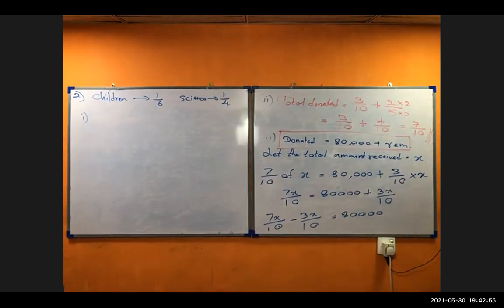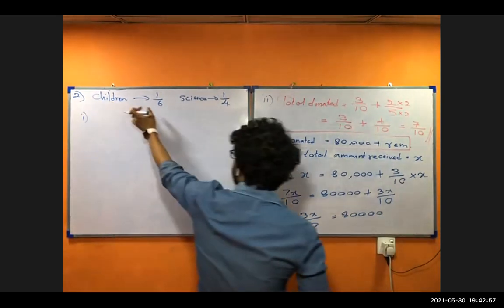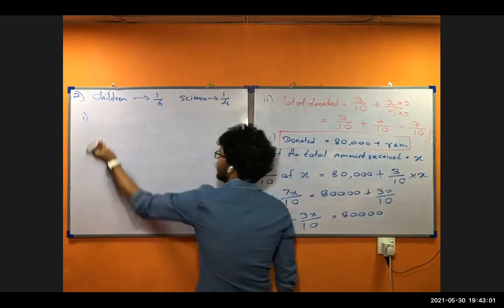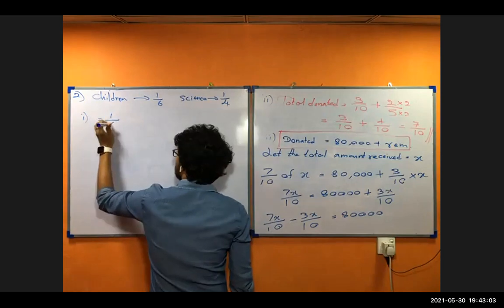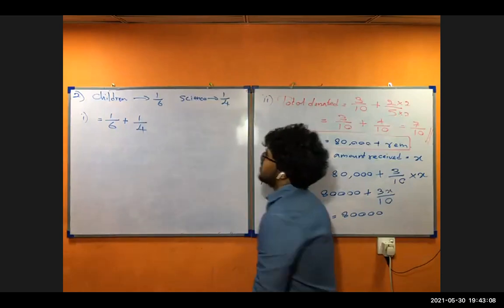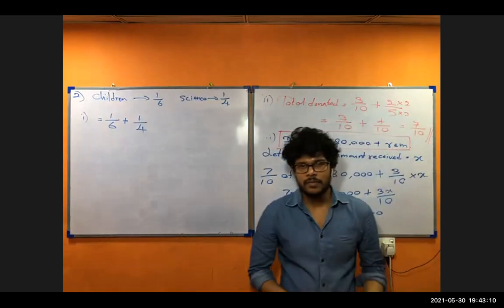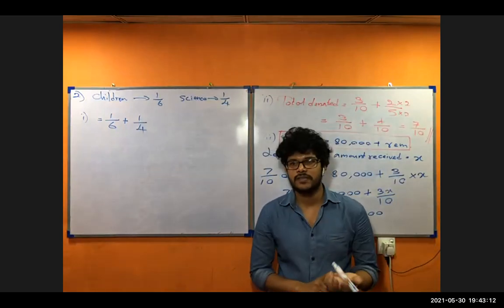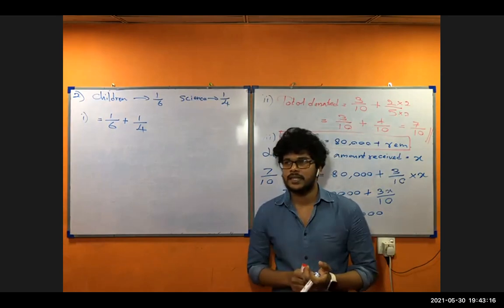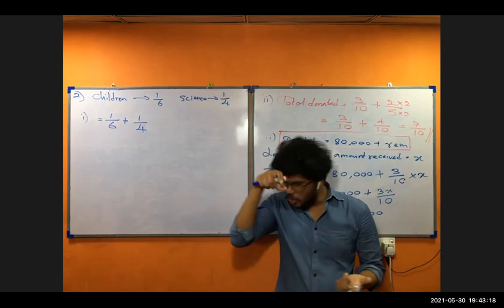Easy. He donated 1/6 and also he donated 1/4, right? So it is simply the addition. Why? Because he donated both children's books and the science books. In your exam, the fraction question generally comes in the structured essay, paper 1, part B, most probably question 1.